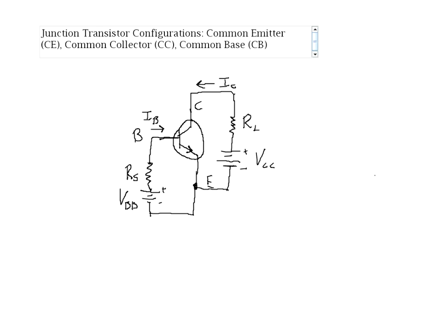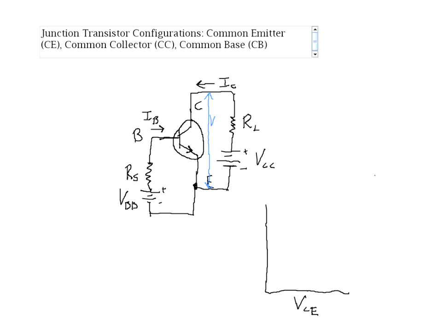If we plot VCE on this axis, and VCE is the collector emitter voltage, in other words, the voltage drop between here, which is at the collector, and down here, which is at the emitter.